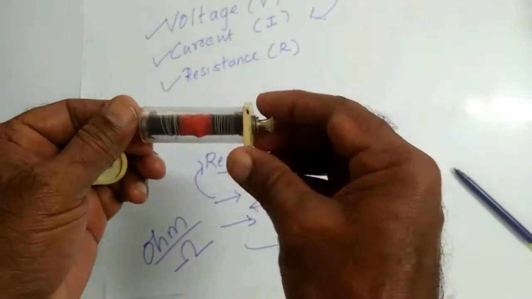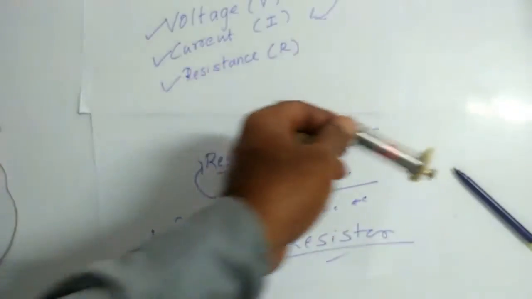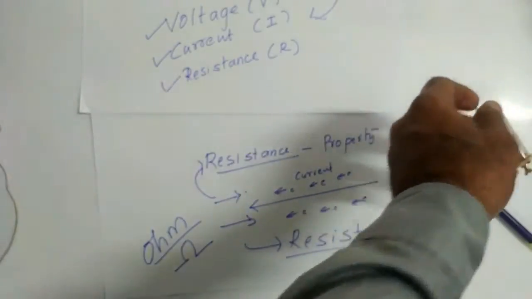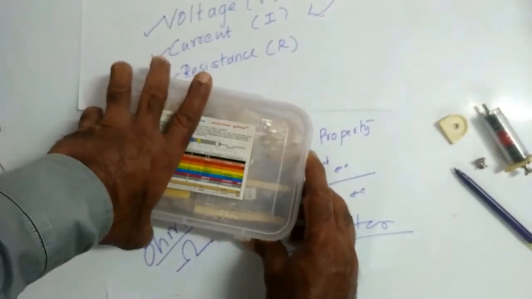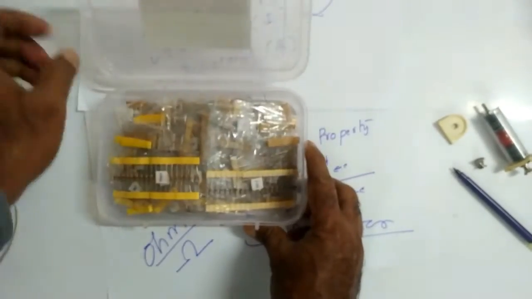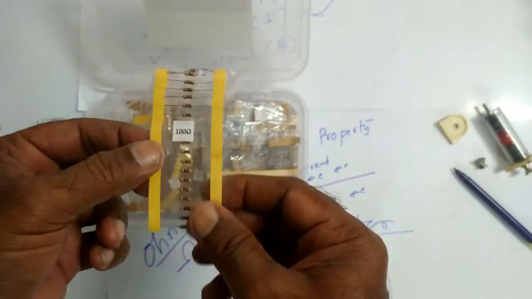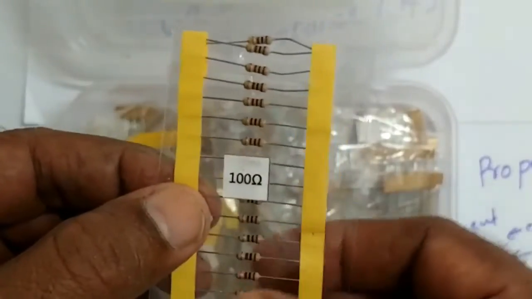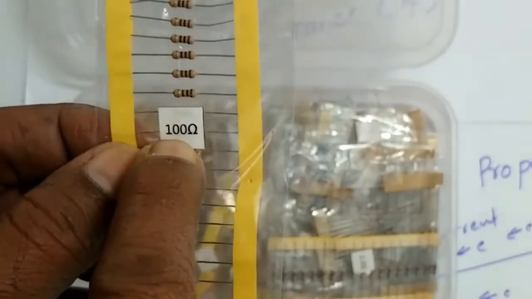And resistors need not always be of this size and shape. I'm going to show you different values of different resistors. You can see this. There are many small resistors of 100 ohms each.